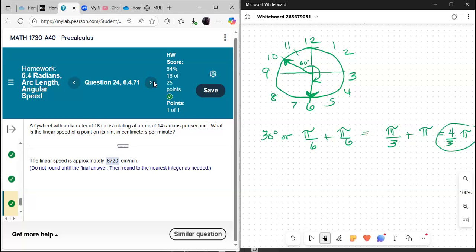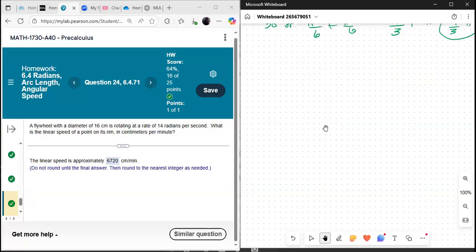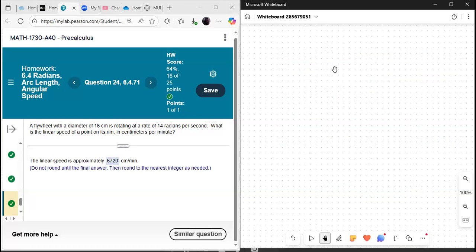Now, number 24, we're going to talk about linear speed and angular speed. A flywheel with a diameter of 16 centimeters is rotating at a rate of 14 radians per second. What's the linear speed of a point on its rim in centimeters per minute?